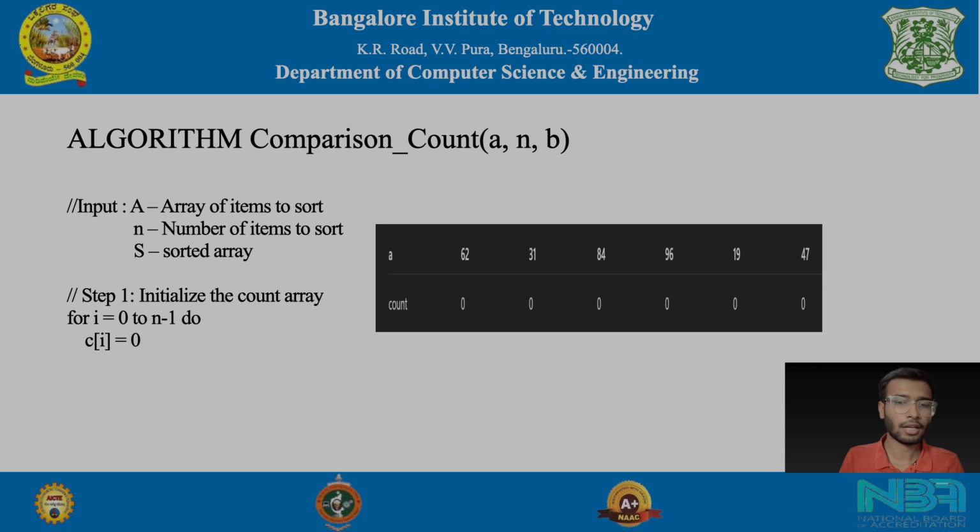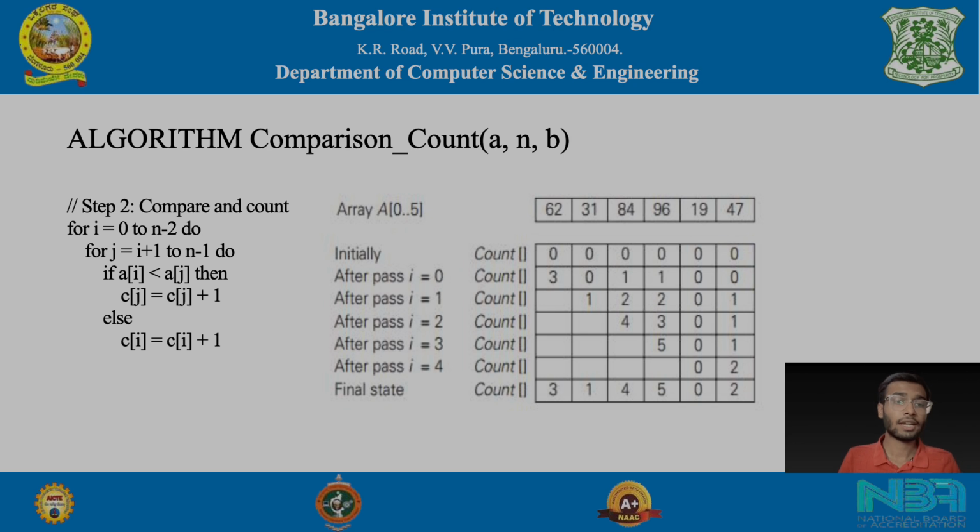We run an i loop from 0 to n minus 1, and we are just initializing all the elements to 0 in it. You can see in the image where all the elements of the count array are initialized to 0. The second one is basically the main algorithm. In this, we run two for loops. One is i from 0 to n minus 2. Another one is j from i plus 1 to n minus 1.